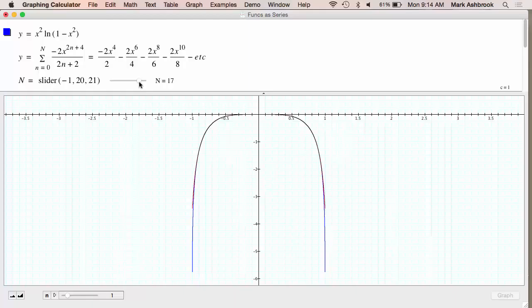This is the graph I get when I graph that polynomial of the first 17 terms. Pretty dang close to the function that we were writing the series for to start with, x squared ln of 1 minus x squared, the blue one. I think I've got it going up to 20 here.